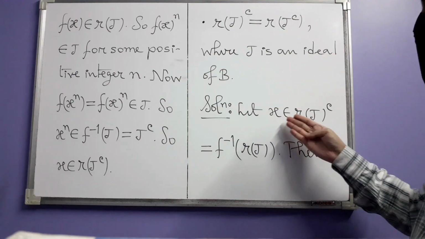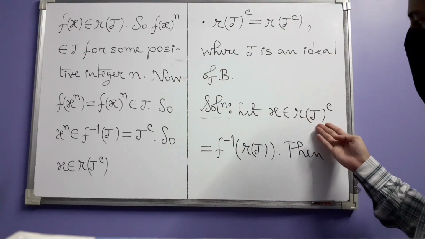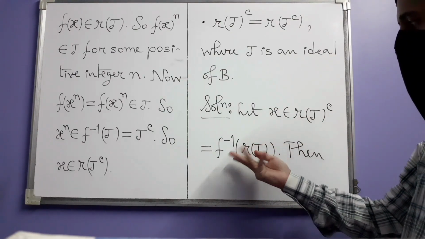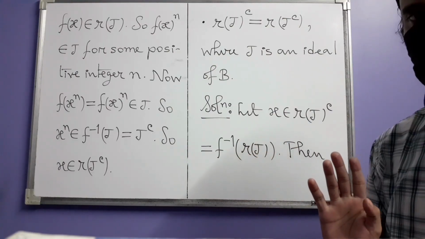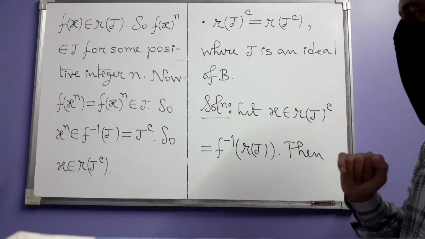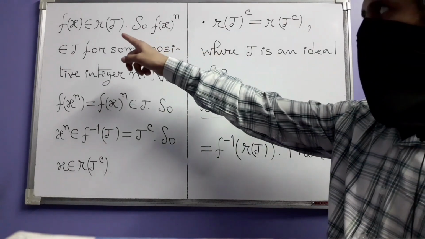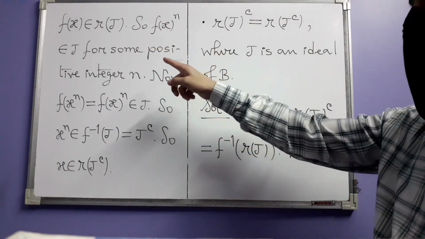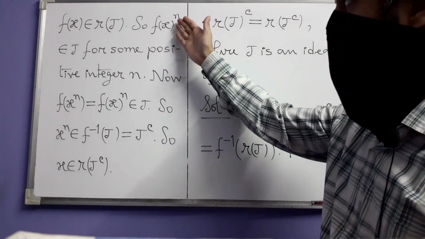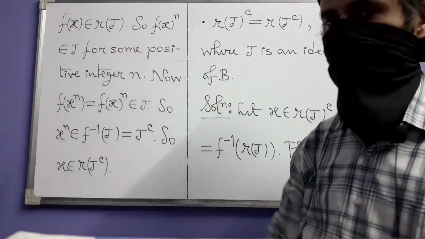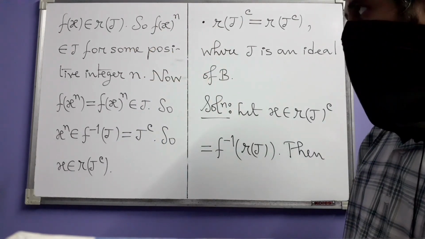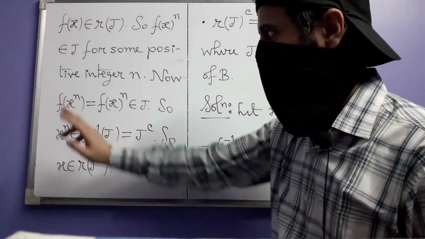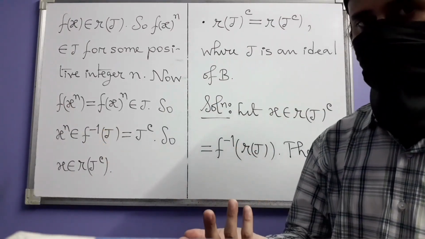So we take any element x in this contraction, and the contraction by definition is just the inverse image of radical of J, and x is an element in that. So then f of x will belong to the radical of J, but then by the definition of radical, some power of f of x will belong to J, where n is some positive integer. Okay, now you concentrate on this f of x to the power n.